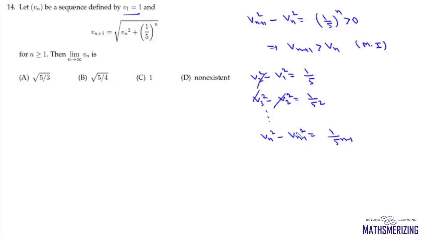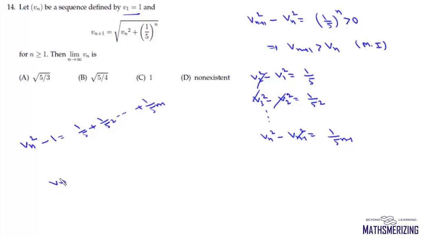Now we'll add everything. We can write Vn square minus V1 square, which is 1, and it'll be 1 by 5 plus 1 by 5 square up to 1 upon 5 to the power n minus 1.